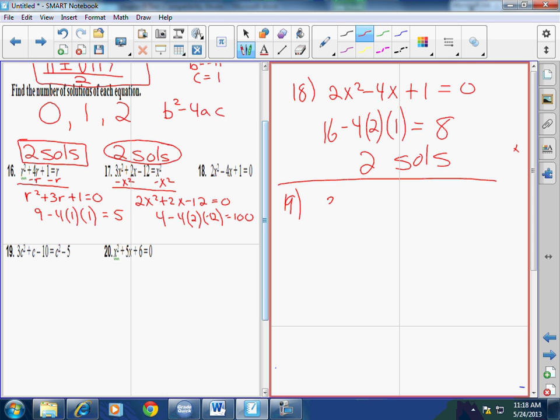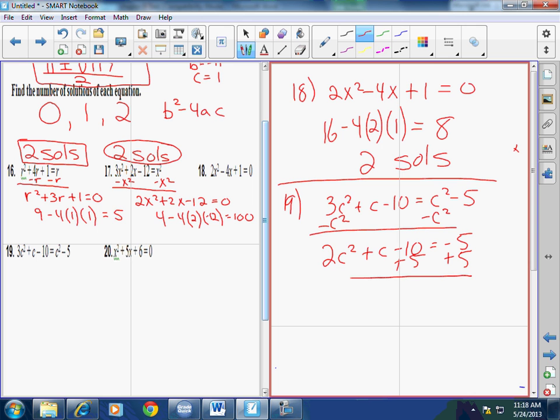19. I've got 3c squared plus c minus 10 equals c squared minus 5. I have to make this a trinomial. So I subtract c squared from both sides, and I've got 2c squared plus c minus 10 equals negative 5. Add 5 to both sides.